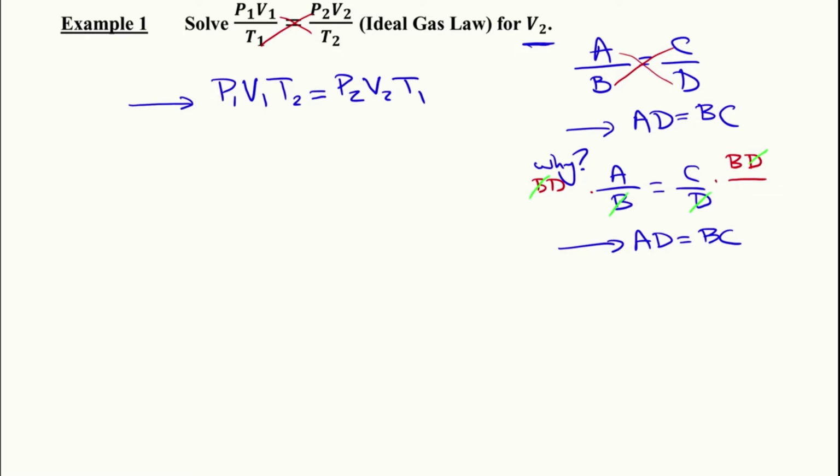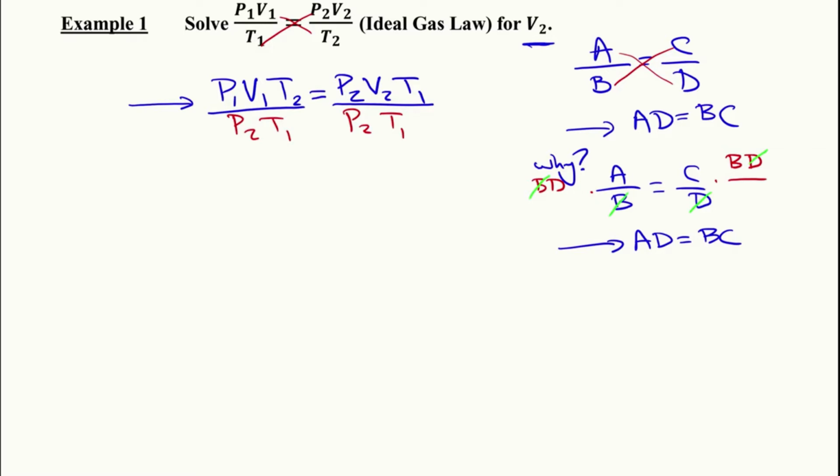So we're going to try to get V2 by itself, which means we need to get rid of the P2 and the T1. And these are all being multiplied. So we're going to divide both sides by P2 T1.